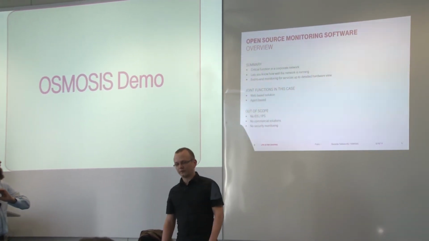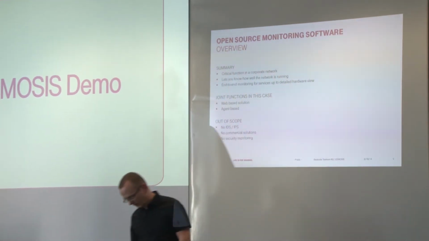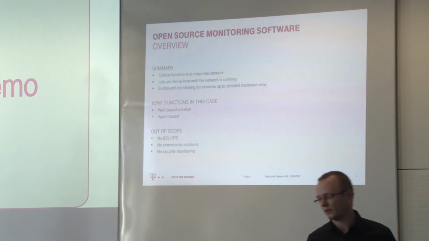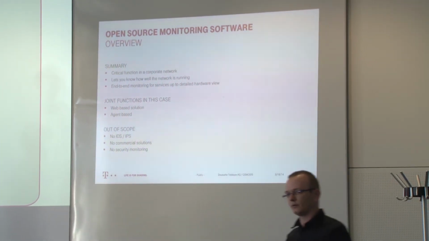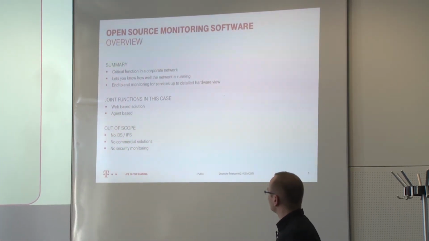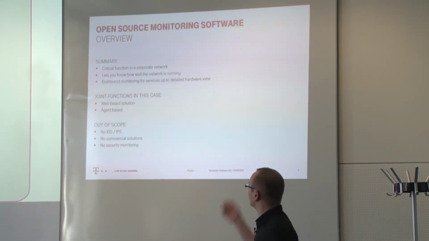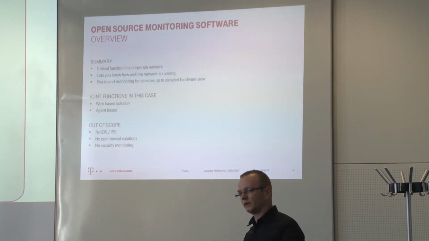Open source monitoring software. Nowadays, such kind of software is critical for the administrators, for the daily business that they are doing. They give an end-to-end view of the network and also a detailed view of the hardware as well.